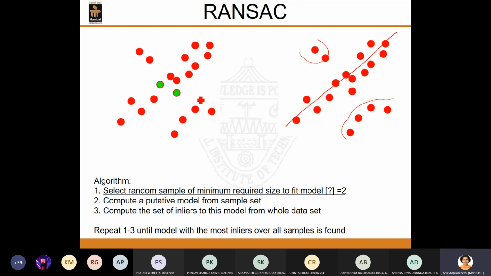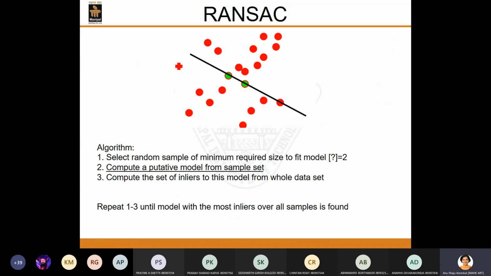Now with respect to these 2 points, it will create a line. Once a line has been fitted to the two random points, next a particular threshold value, which we represent as delta, is determined. It is used to identify the inliers.